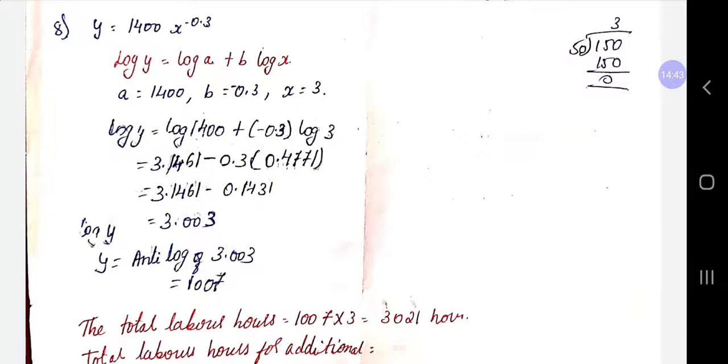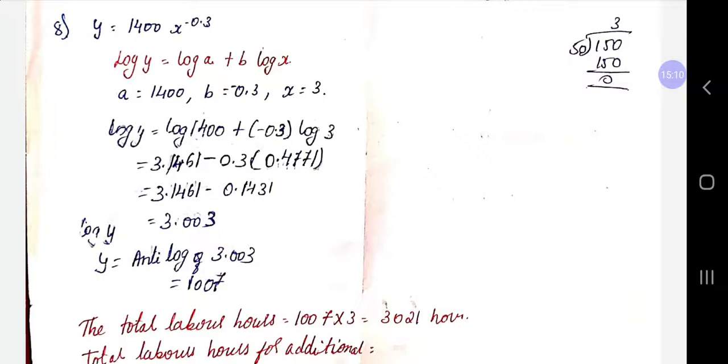So we take the first two digits, 14, and you will get 3.1461. With that, minus the multiplication: 0.3 into 0.4771, you will get 0.1431, so you will get 3.003, and then the anti-log for 3.003.